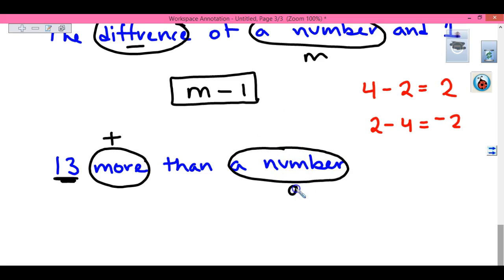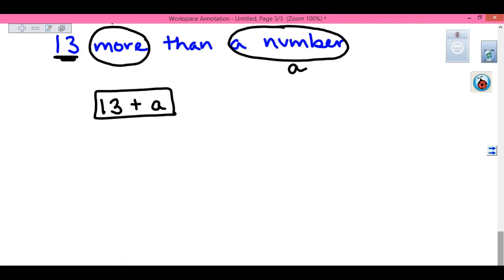Variable. What do we like? Let's try an A. So 13 plus A. You try this next one. The sum of a number and 9.